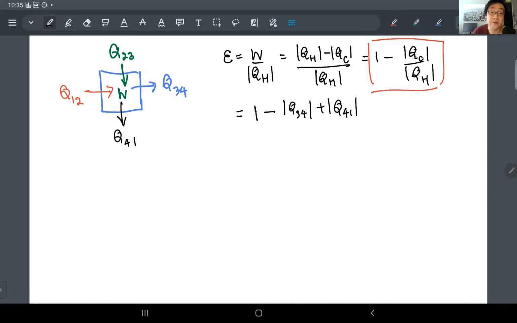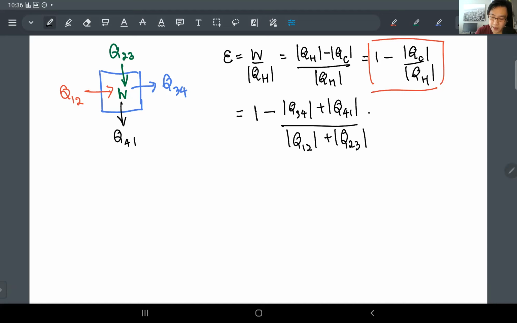I don't care about the direction anymore because I already know this is the Q that is discarded out to the cold reservoir. And then you divide it by the heat that you have to supply to this engine, which is going to be Q12 plus Q23. Very good.